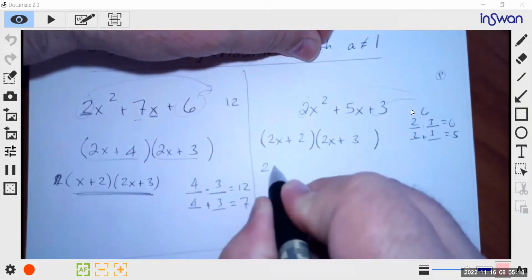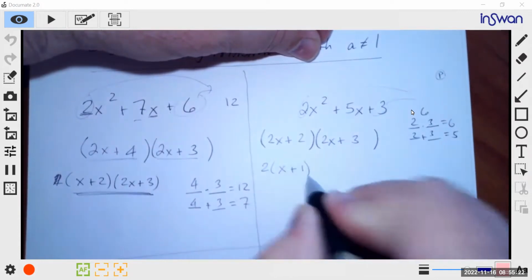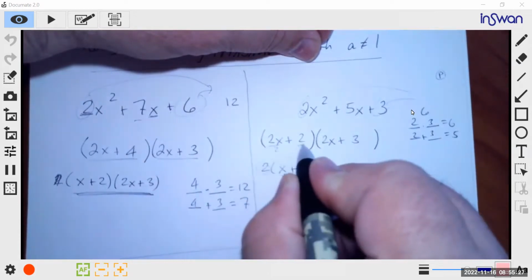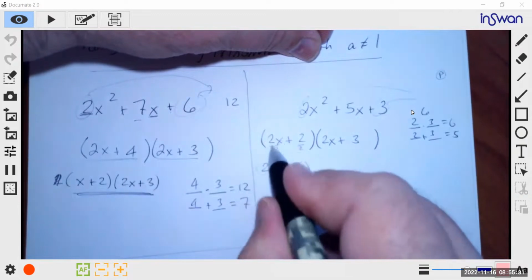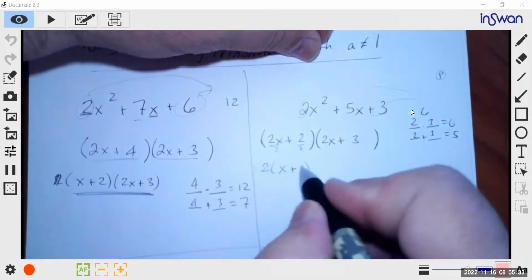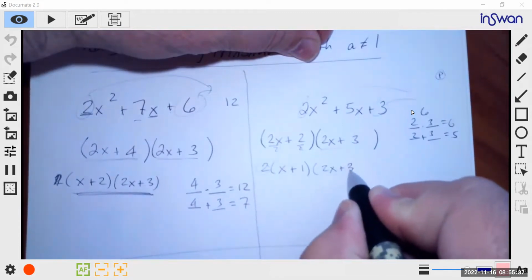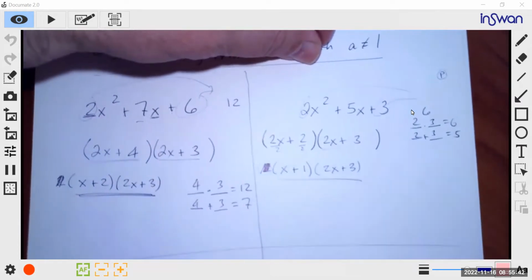Factor out the 2 in the first, you get what? x plus 1. Whenever you factor something, to figure out what goes inside the parentheses, just divide what you factored out. The 2's cancel. So x plus 1. Nothing factors out of the second. Erase the first, and there you have it. There's your factor.